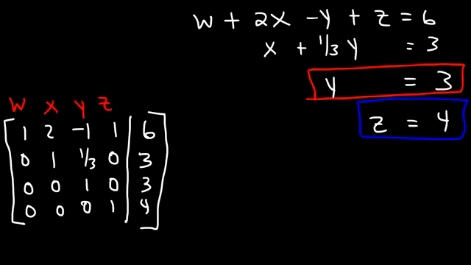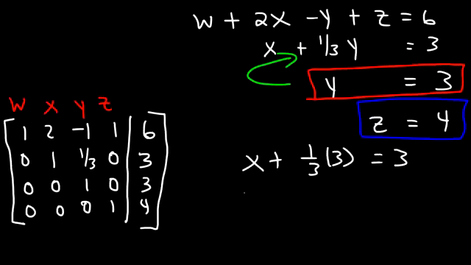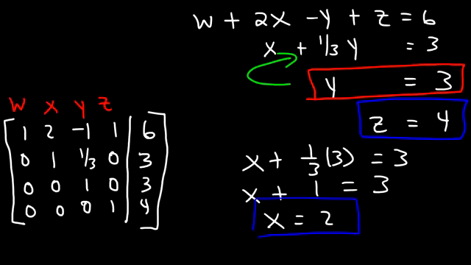Now, let's calculate x. So let's take y and plug it into this equation. So x plus 1/3 y, or 1/3 times 3, is equal to 3. 1/3 of 3 is 1, and 3 minus 1 is 2. So x is equal to 2. So now that we have x, y, and z, let's calculate w in the first equation.